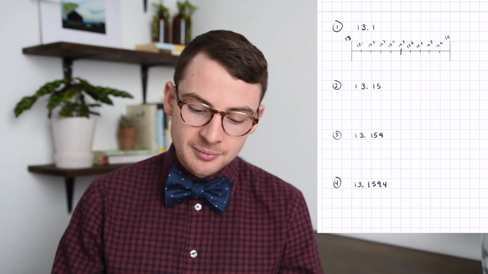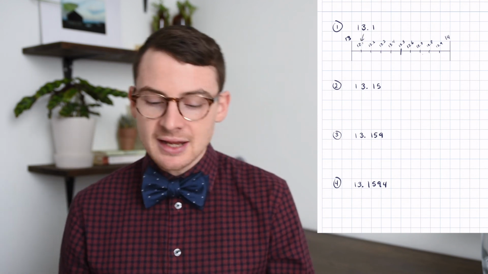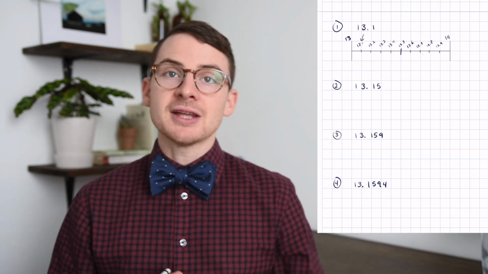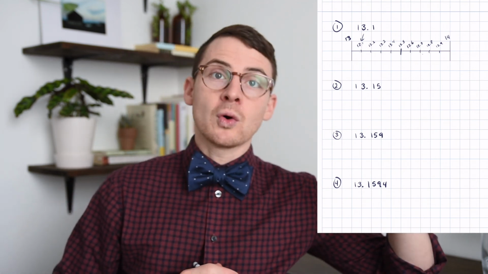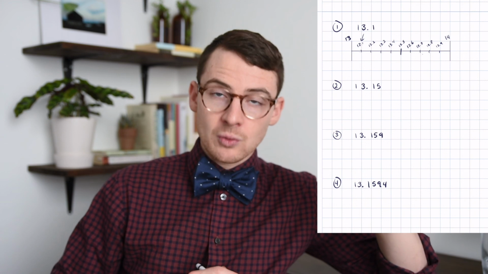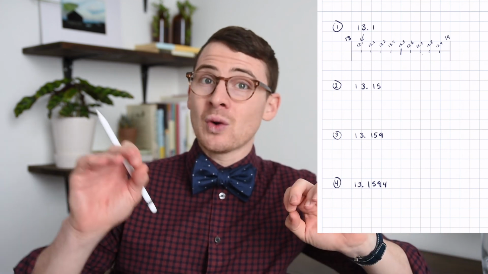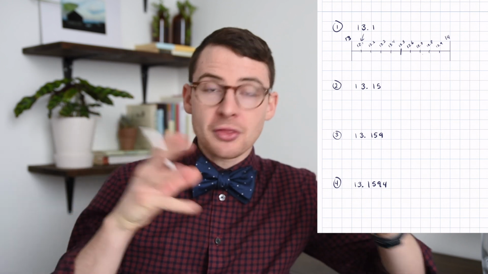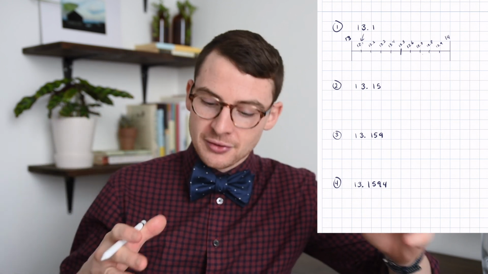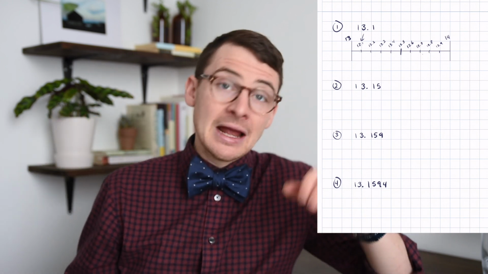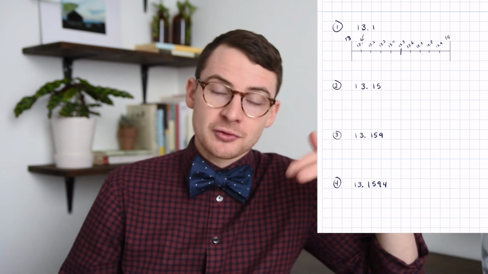So we know that 13.1 is right here, closer to 13, right? So it's 13.1, 3 ones and then 1/10. Is that closer to 13 or 14? Well, it's closer to 13, okay? All right, now 13.9 would be closer to 14 than 13.